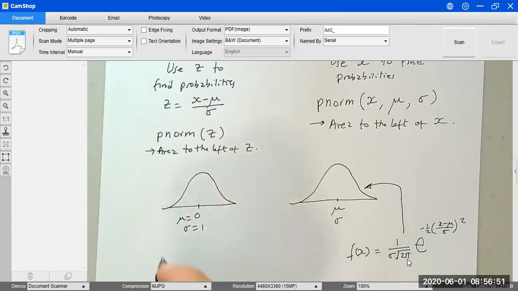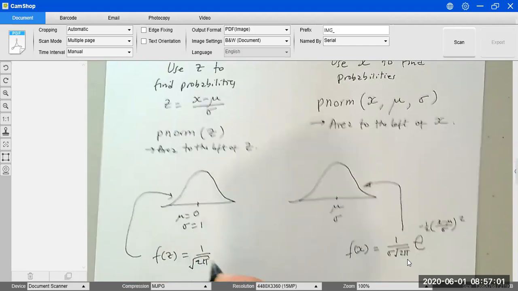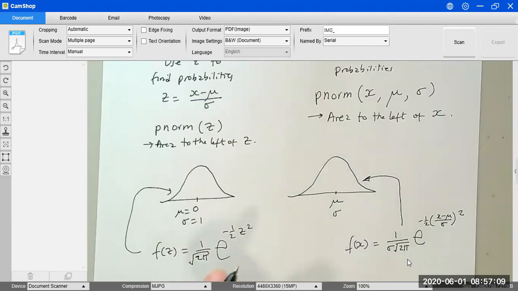And for the standard normal, the function for this curve is just 1 over the square root of 2 pi times e to the negative 1/2 z squared. So this equation is simpler than the other one.